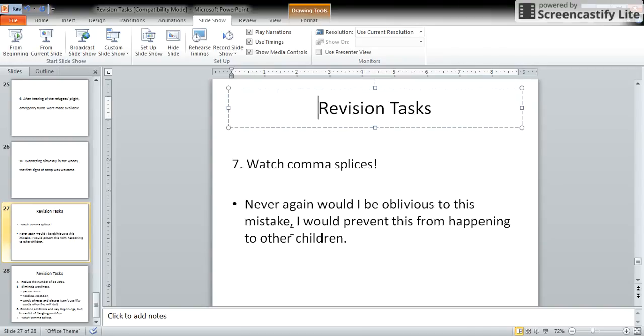You can use a comma plus a conjunction, like one of the FANBOYS: for, and, nor, but, or, yet, so. You can join two independent clauses with a semicolon if the two clauses are related, like these are. Or you can separate two independent clauses by adding a period in between them. So just take a few minutes and make sure that your sentence structure is correct.